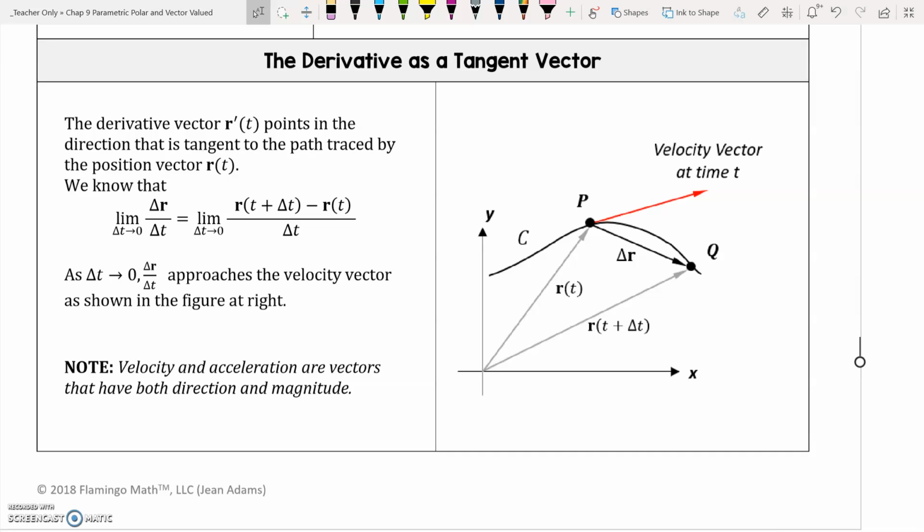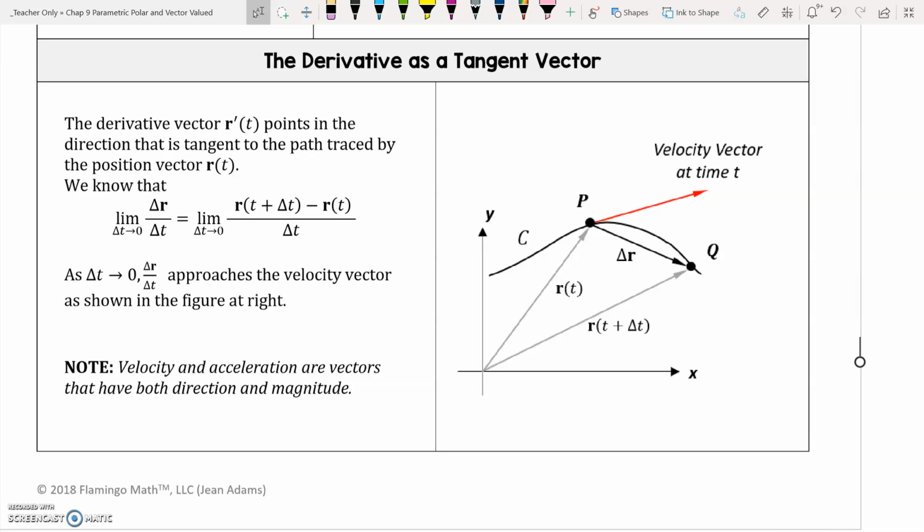Using the idea of infinitesimal changes in r over infinitesimal changes in t, as delta t approaches 0, we get our definition for the derivative, r of t plus delta t minus r of t over delta t, and we'll be taking that limit as delta t approaches 0.